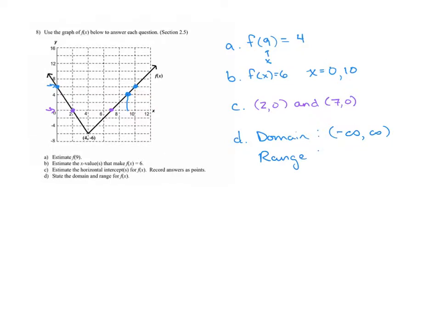Our range, we're going to go bottom to top, the y values. My bottommost y value is negative 6. And we go forever up. So my second thing in my interval notation will be positive infinity.